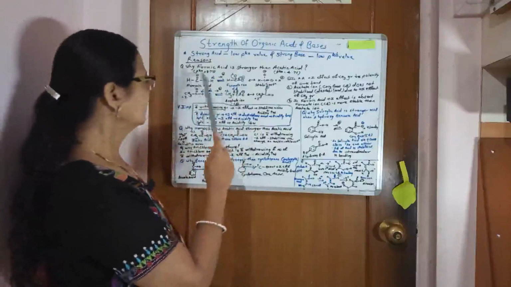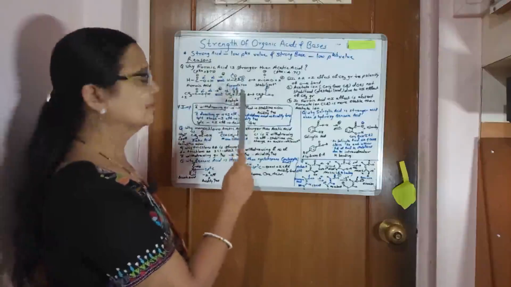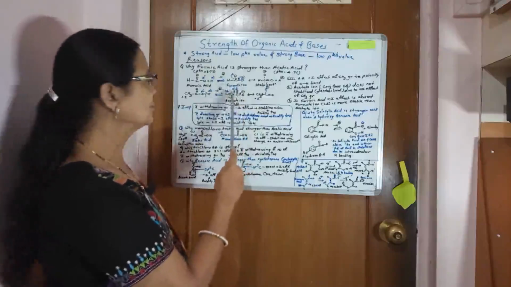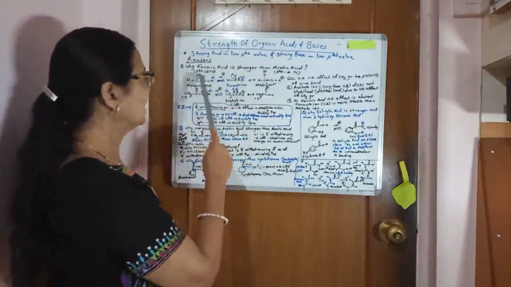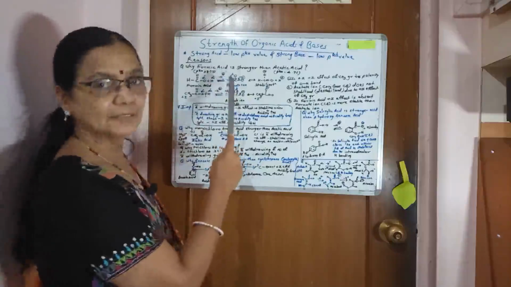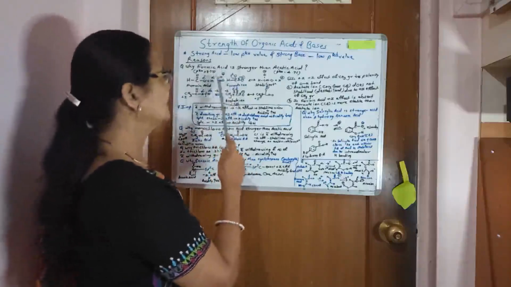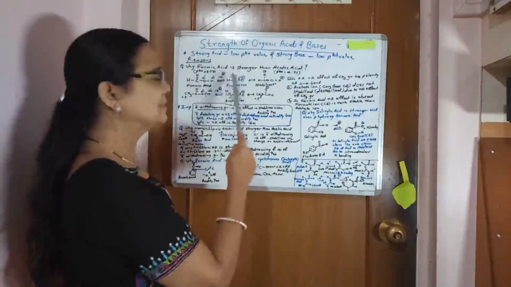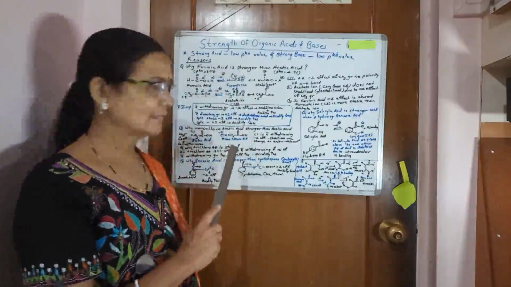Then by removal of H positive, it forms the acetate ion. This acetate ion does not get stabilized due to the plus I effect of the methyl group. In formic acid, there is a hydrogen, so the conjugate base doesn't contain any plus I effect. Therefore, this plus I effect is absent in formic acid, and due to that the conjugate base gets stabilized, and therefore formic acid is stronger than acetic acid.